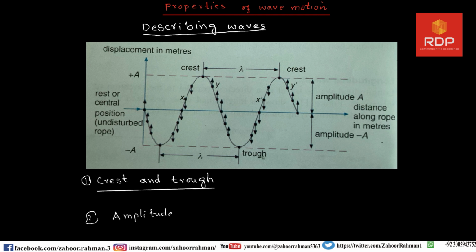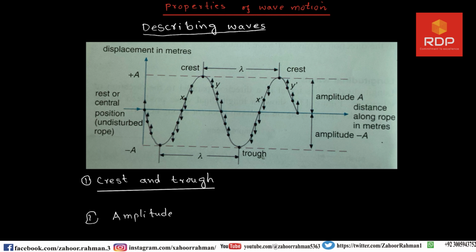First of all, the figure shows a graph of the displacement of a rope along its length at a certain instant of time. The arrows on the graph show the direction of motion of the particles in the rope. A shorter arrow means a slower speed.